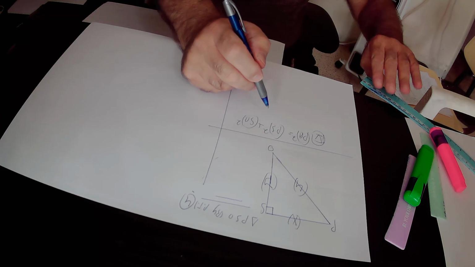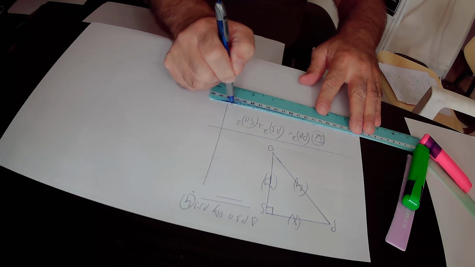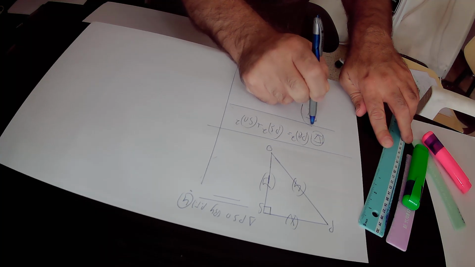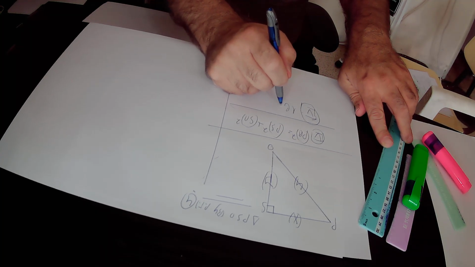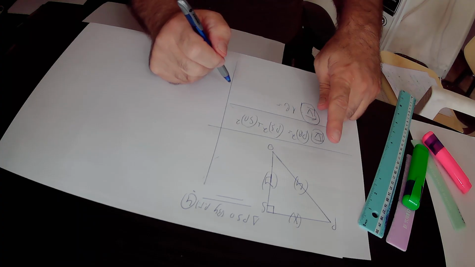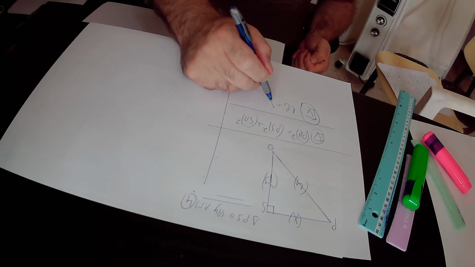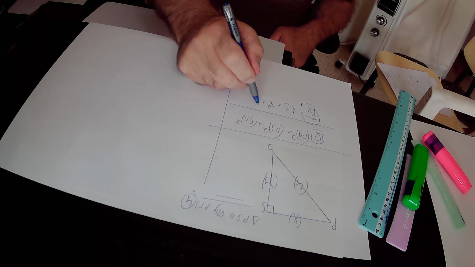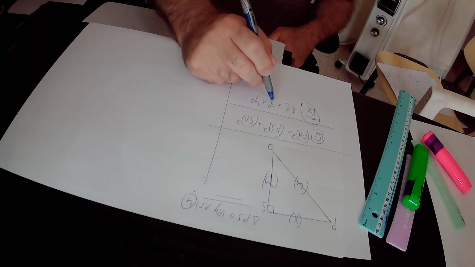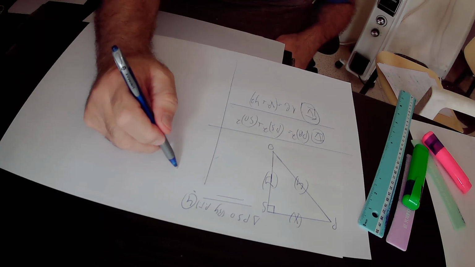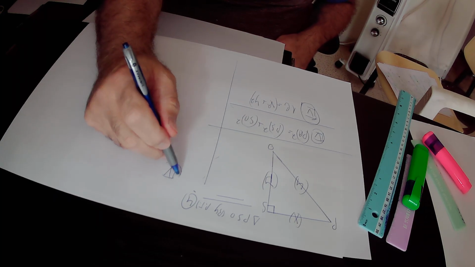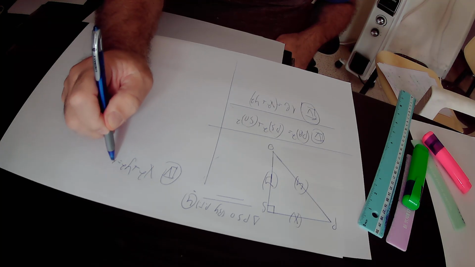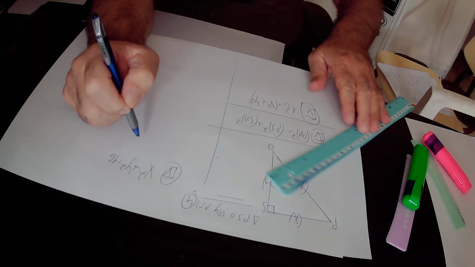PO is 4, therefore PO squared is 4 squared, that is 16, and it equals PS squared. PS is x, therefore PS squared is x squared, plus SO squared. SO is y, therefore SO squared is y squared. So in total, according to equation 4, x squared plus y squared equals 16.